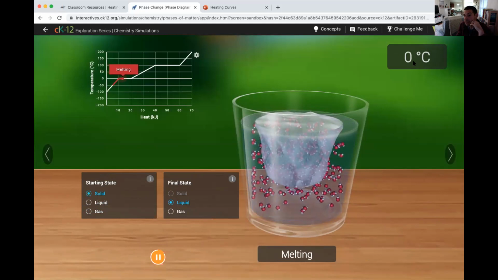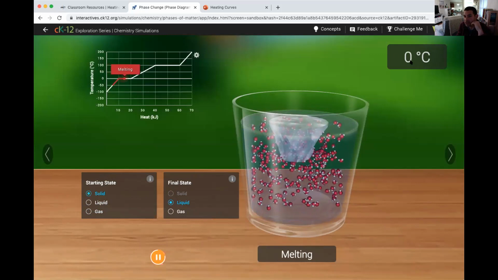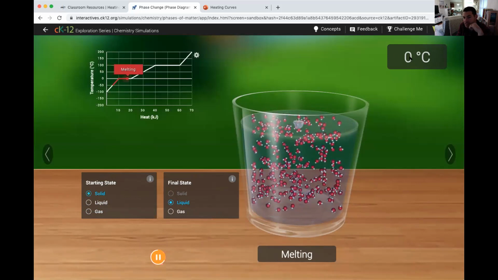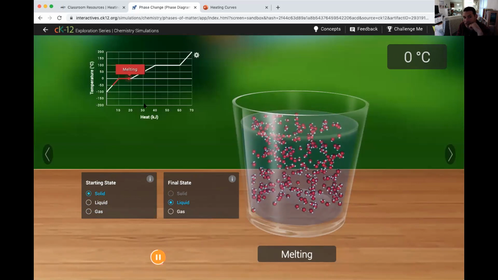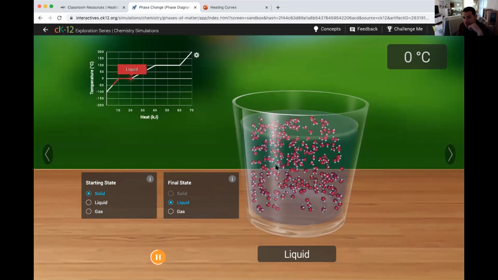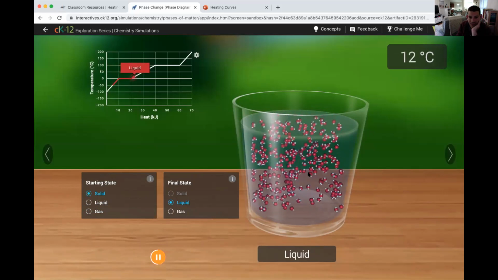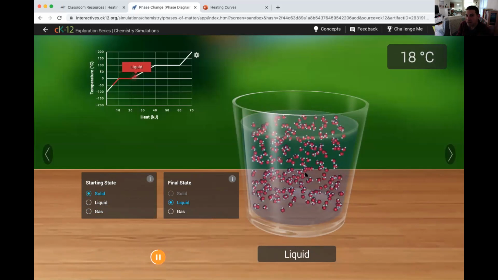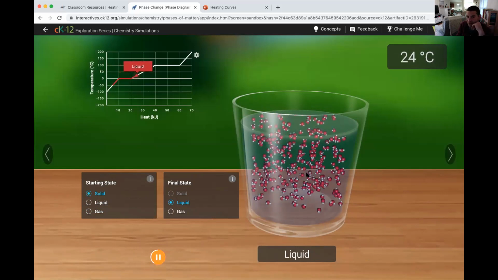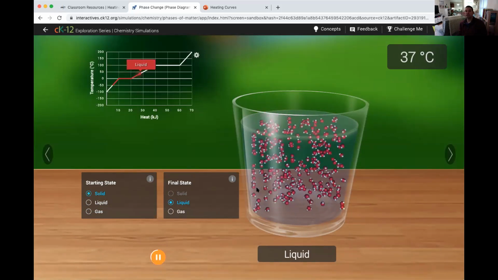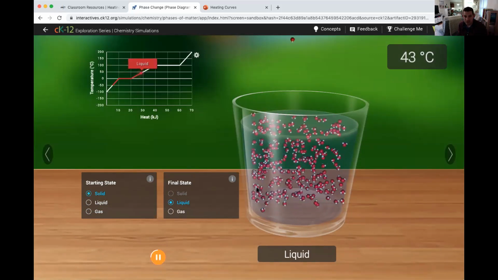It's melting now, but it's staying at 0 degrees Celsius. So we see it melting here, but it's staying at the same temperature. Now it looks like it's fully done melting, and now what's happening to my temperature? It's increasing, and I should see the particles start moving a little faster. As the temperature goes up, the average kinetic energy, their speed, increases.